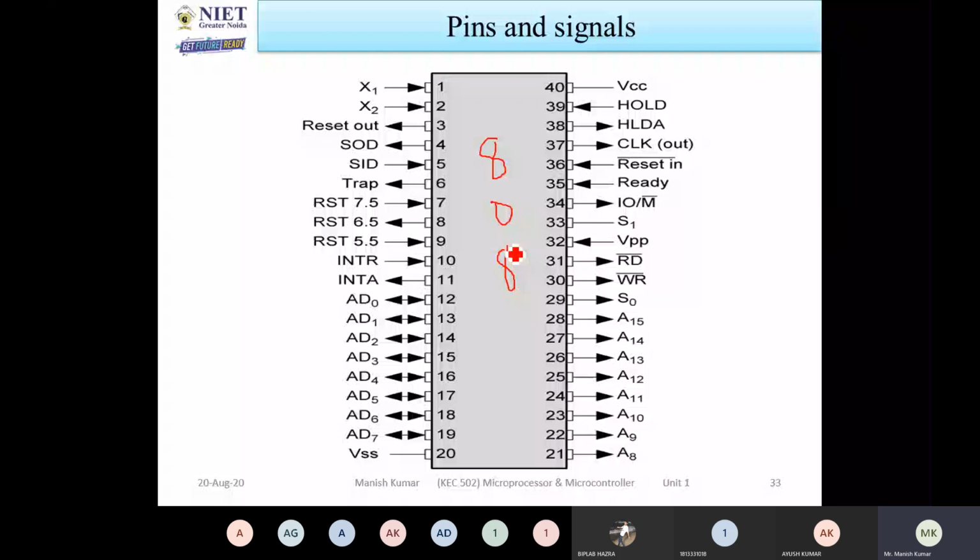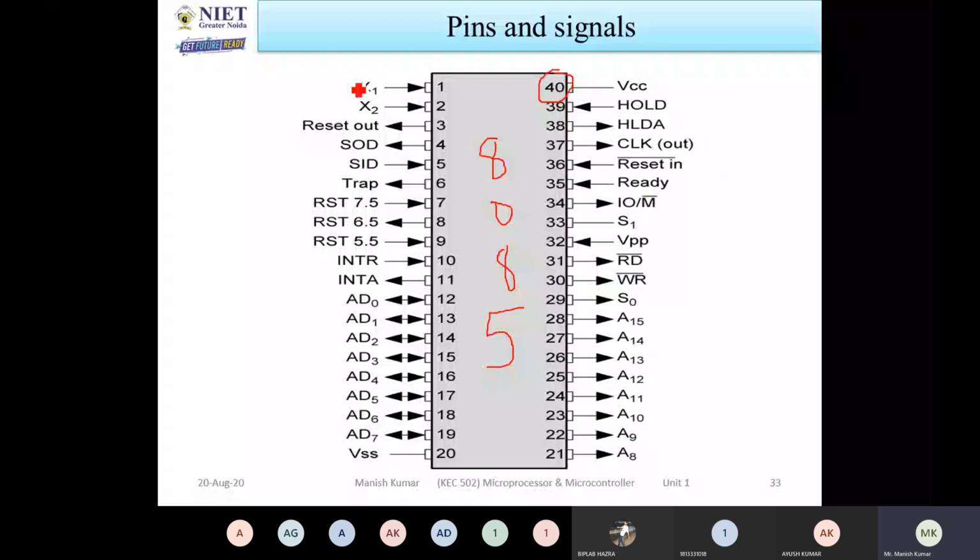Each individual pin is used for a different purpose. So you have to understand the meanings of all the different pins, which pin will be used for which purpose. So there are 40 pins.